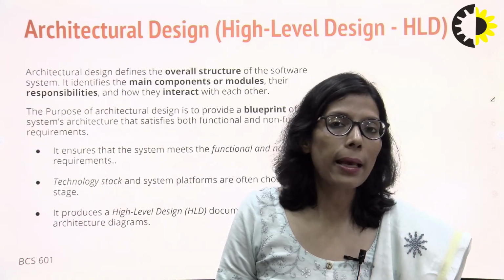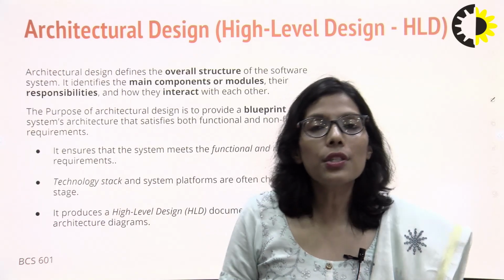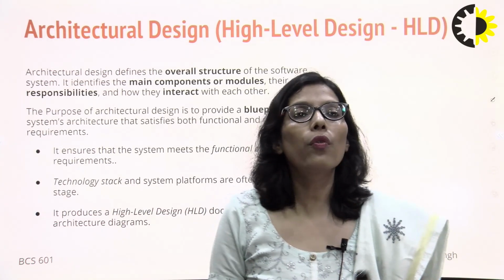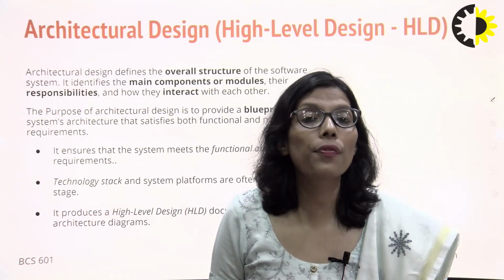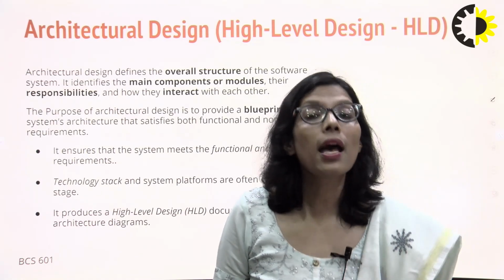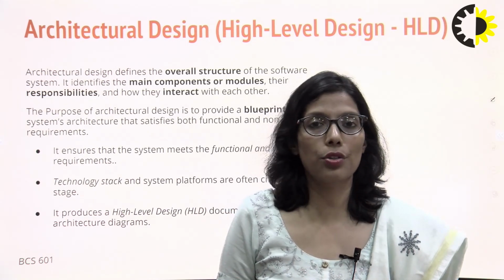So it is the first step, high-level design or architectural design, where we first try to identify the overall structure of the software. We try to find out the architecture of the software. We identify various modules, and then we identify how these modules are going to interact with each other.